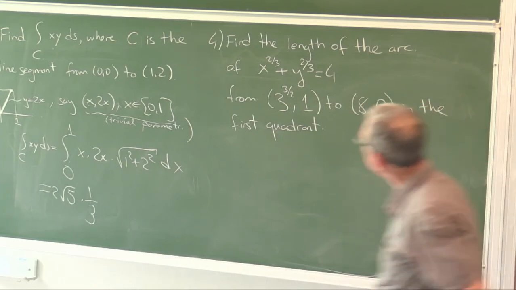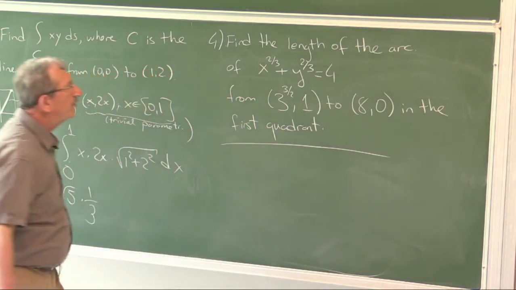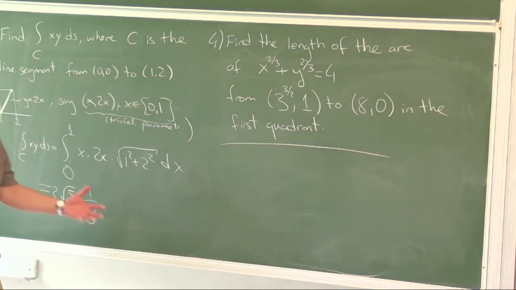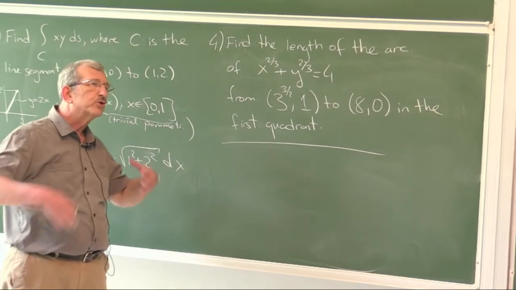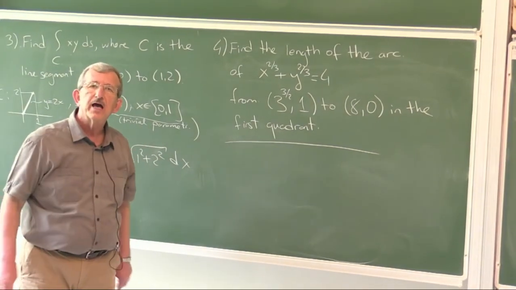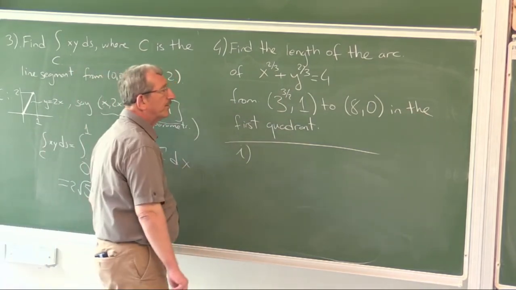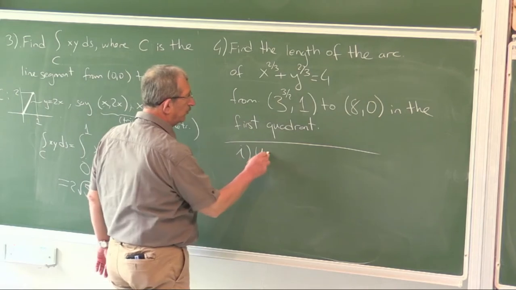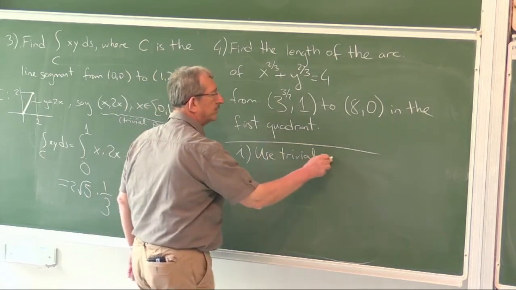Well, we can do this as we did before, namely using a definite integral where we use the square root of 1 plus f prime x squared. So the first method could be to use the trivial parameterization.